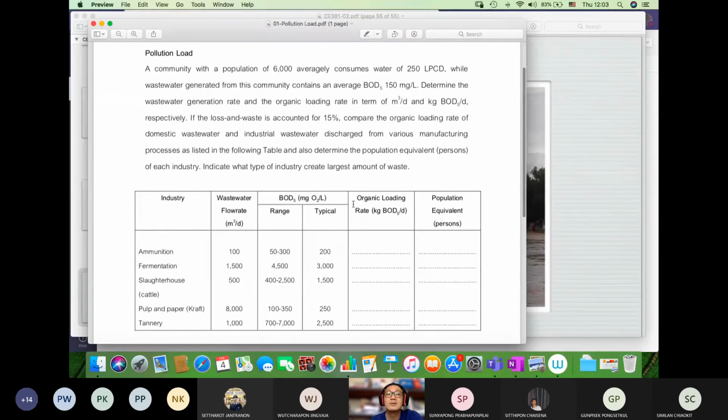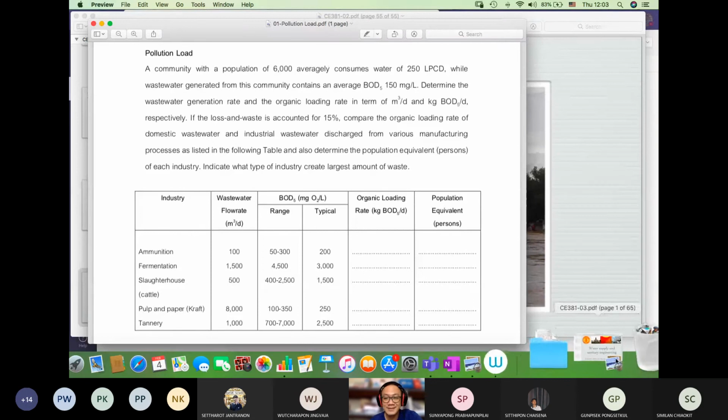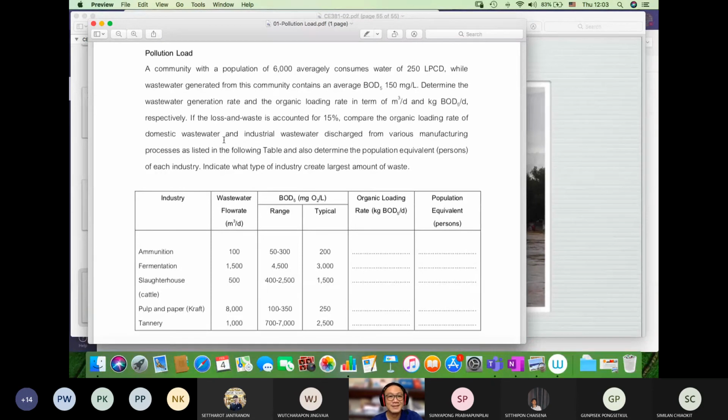Okay, this is the quiz, can you see my screen? Pollution load. A community with a population of 6,000 averagely consumes water of 250 liters per capita per day, while wastewater generated from this community contains an average BOD of 150 milligrams per liter.